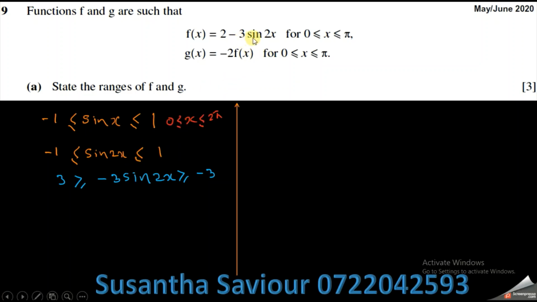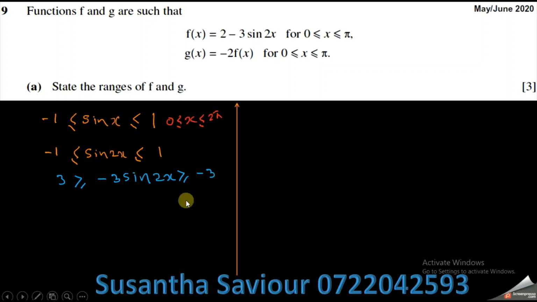Now look at this. What we have is minus 3 sin 2x here, so we multiply the whole inequality by a minus. You know, when an inequality is multiplied by a minus, the inequality is reversed. So minus 3 into minus 1 is 3, and this inequality is reversed, minus 3.